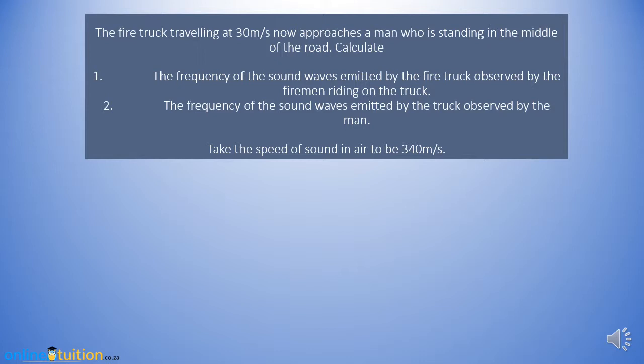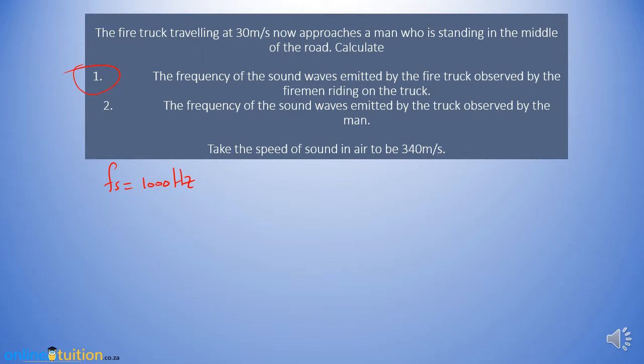We want the frequency of the sound waves emitted by the truck as observed by the fireman riding on the truck. Now, if you think very carefully here, it's the same truck as before, that's what we're going to assume, and we know that the frequency of the waves given by that truck, the source, was 1,000 hertz. So if you look at the first question, the firemen are in the truck and they're riding with the truck.